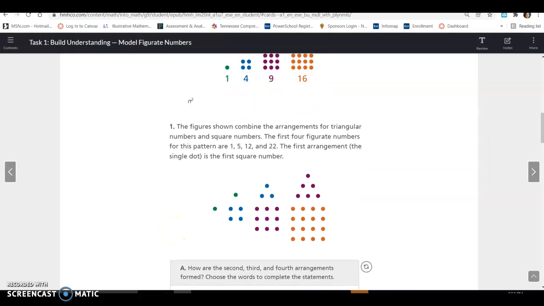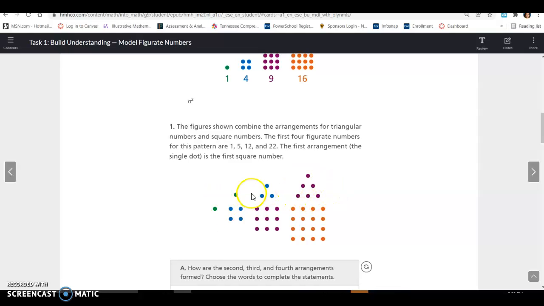All right, it says the figures shown combine the arrangements for triangular numbers and square numbers. The first 4 figurate numbers for this pattern are 1, 5, 12, and 22. The first arrangement, the single dot, is the first square number. So you can see here they've got the dot, and the square, and the triangle, and the square, and the triangle.